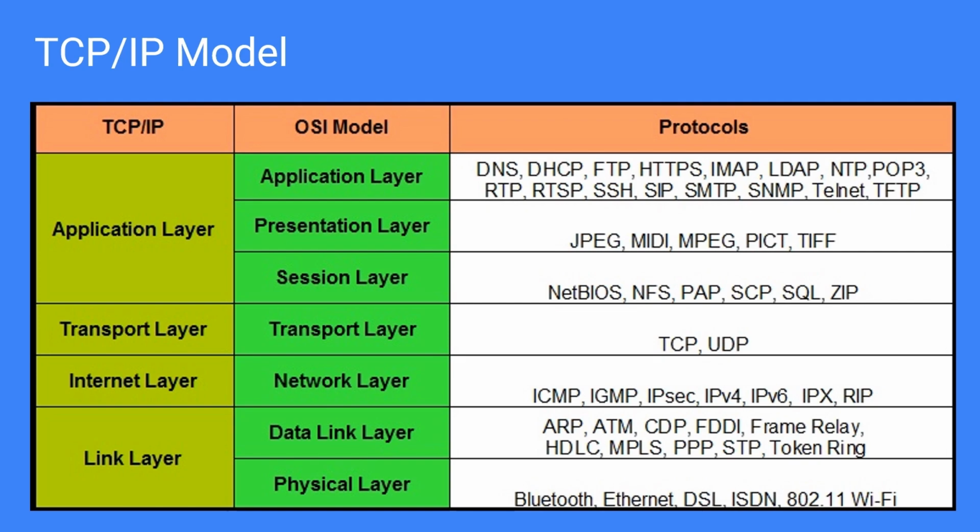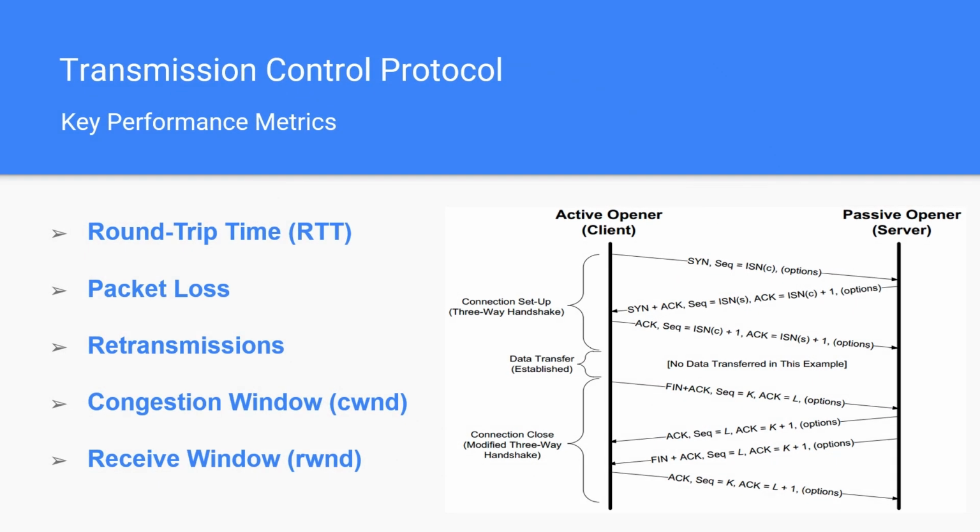So let's start with the Transmission Control Protocol, which is the TCP protocol used on the transport layer. Now the key performance metrics in this are going to be round trip time, which is RTT, which measures the time it takes for a signal to travel from the source to the destination and back.